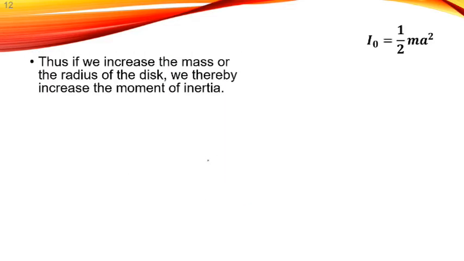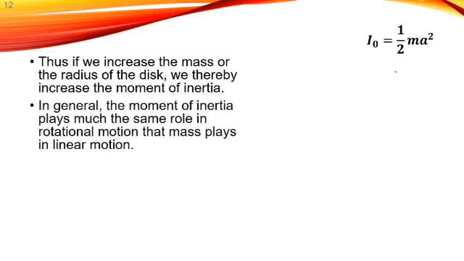Thus, if we increase the mass or radius of the disk proportionally, we increase the moment of inertia. In general, the moment of inertia plays much the same role in rotational motion that mass plays in linear motion. So the moment of inertia is for rotational motion, and the mass influences linear motion.